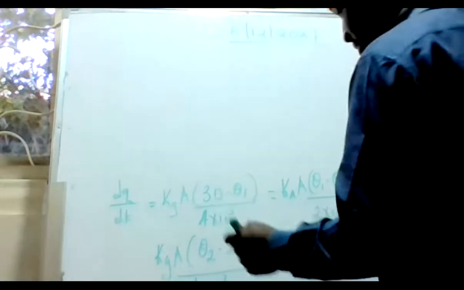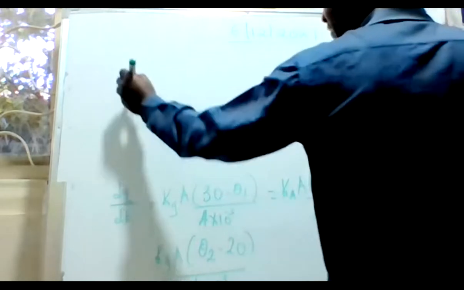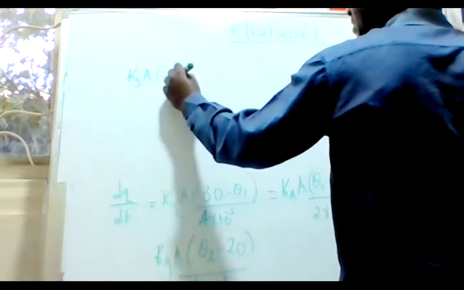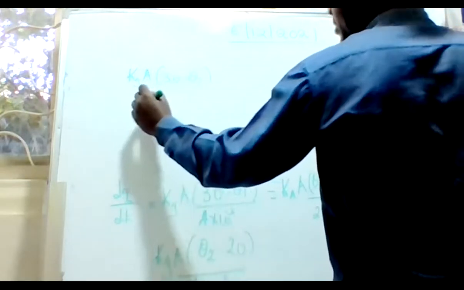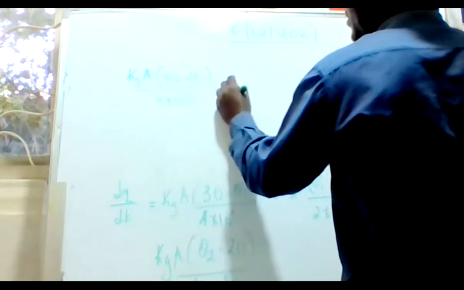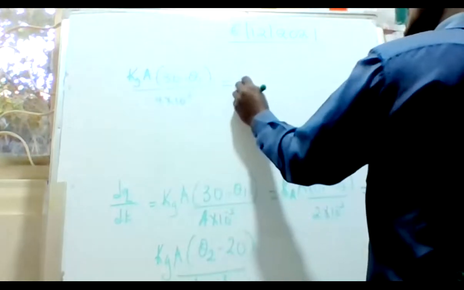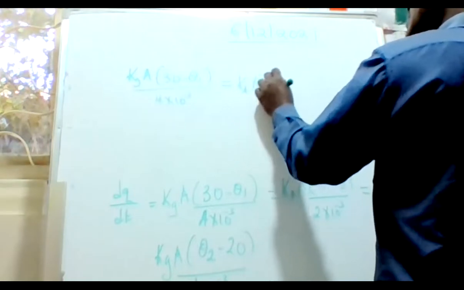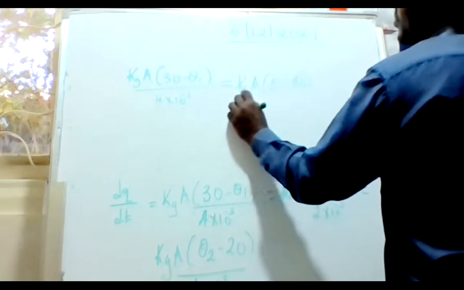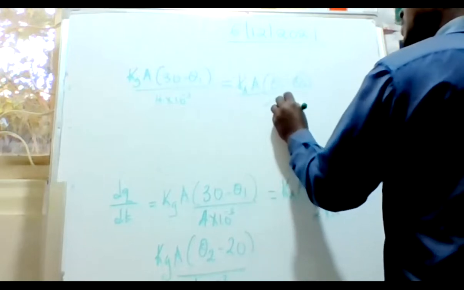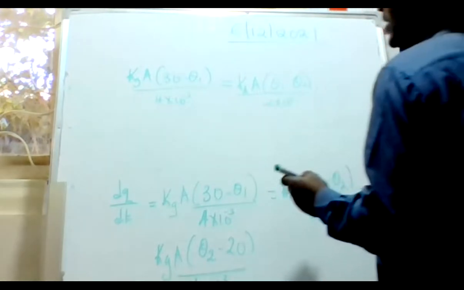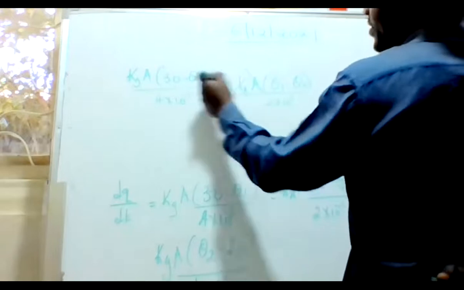To equate now this equation and this one, we shall have kA into (30 minus theta 1) divided by 4 times 10 to the power negative 3, being equal to kA times (theta 1 minus theta 2) divided by 2 times 10 to the power negative 3. Now you can see this one goes with this.